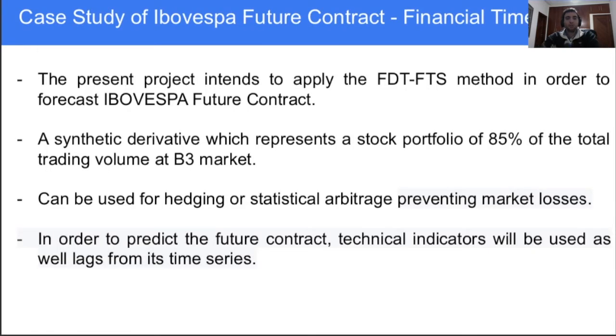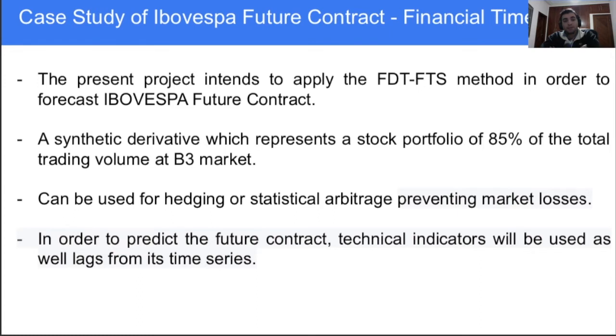Well, the present project intends to apply the FDT-FTS method in order to forecast the IBOVESPA future contract. The IBOVESPA future contract is a synthetic derivative that represents a stock portfolio of 85% of the total trading volume at the IBOVESPA market, known as the B3 market.